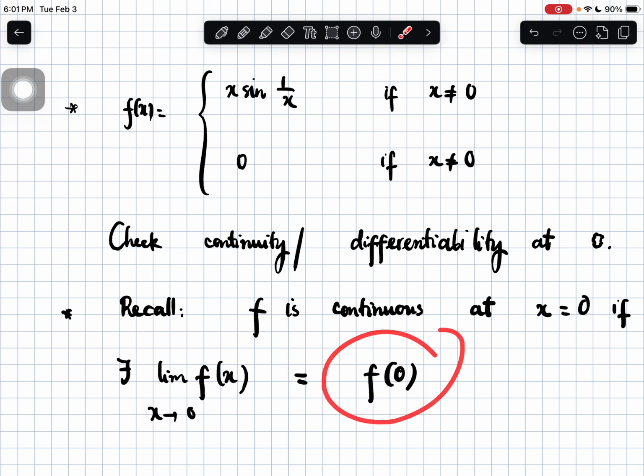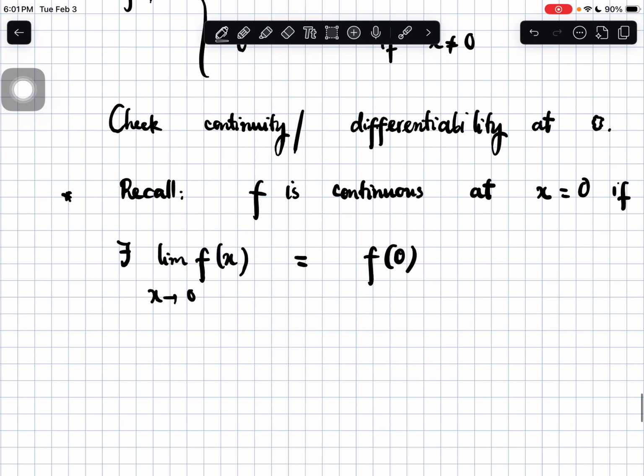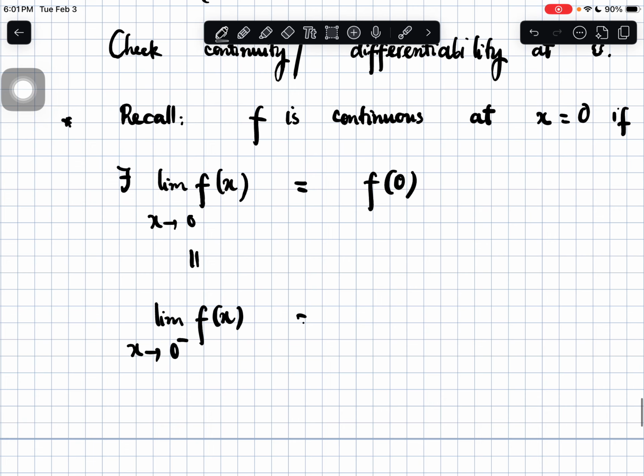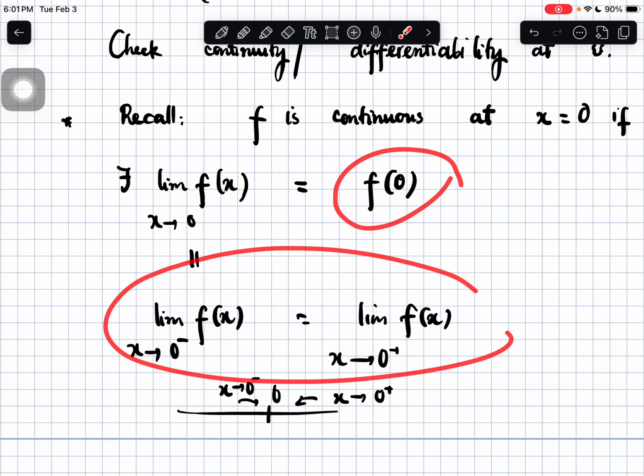So f of 0 must also exist. In our case, it exists, and it's equal to this limit. This limit must exist. The limit as x tends to 0 minus and the limit as x tends to 0 plus must be equal and equal to f at 0.